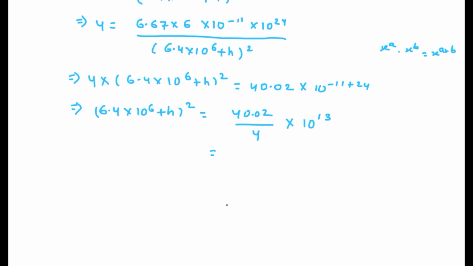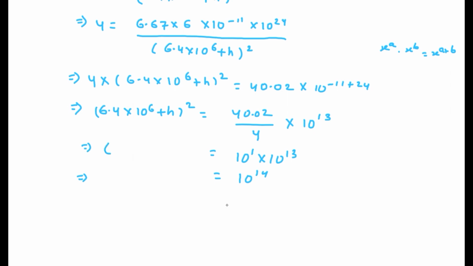First of all divide 40.02 by 4, so it comes 10 into 10 to the power 13. Here the base is the same, so the powers should be added, 1 plus 13, it becomes 14.